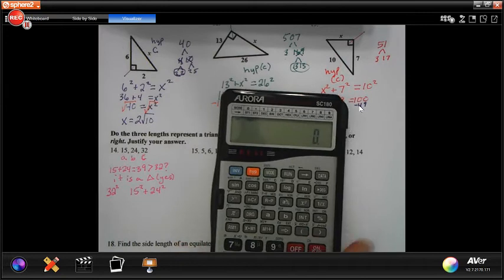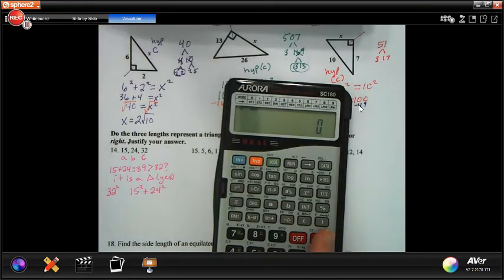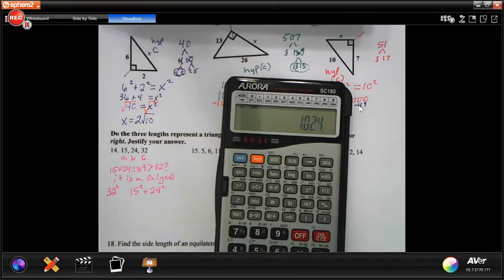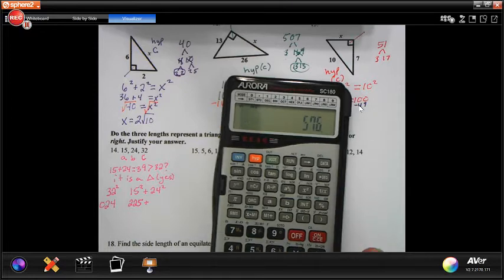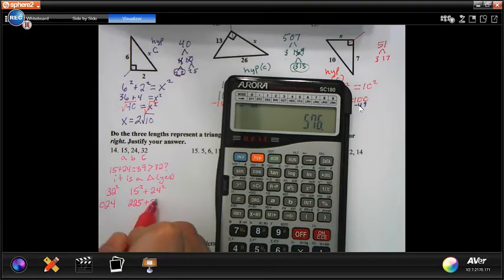So calculator definitely comes in handy. Another thing you want to make sure you have for that test. 32 times 32 equals... I know that 15 squared is 225 and 24 squared. So we have to add those two together.